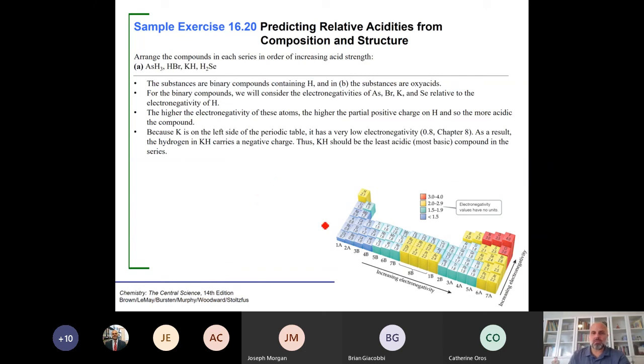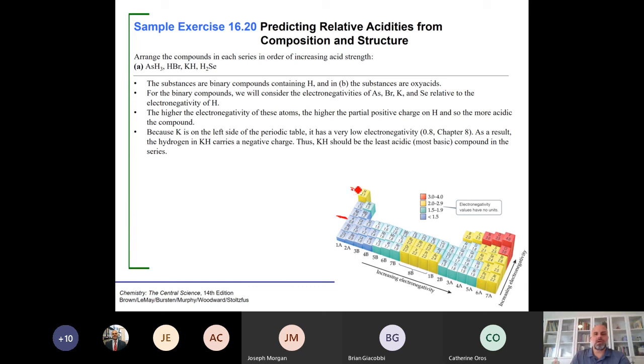So if we look at potassium, we have potassium over here in the periodic table. With potassium on the left-hand side of the periodic table, it has a very low electronegativity at 0.8. As a result, the hydrogen in potassium hydride actually carries a negative charge, right? Because the hydrogen atom has an electronegativity of 2.1, so it's more electronegative than potassium.